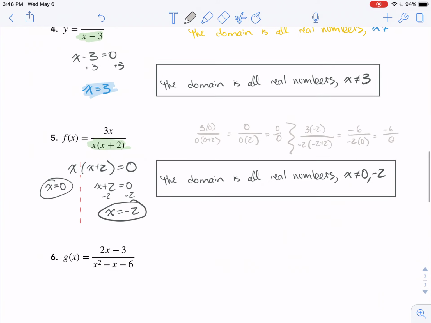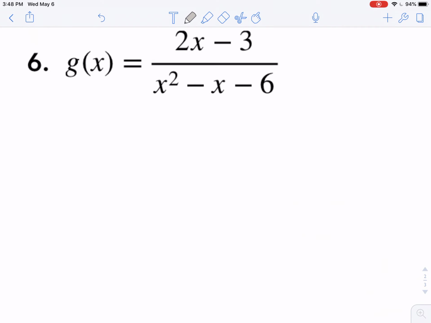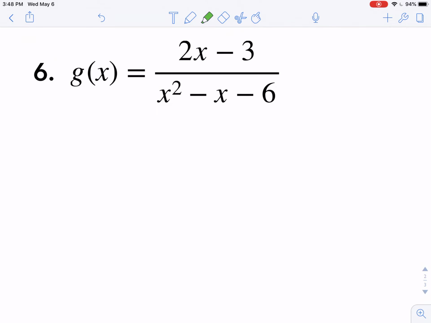And finally, one more. To find the domain of this function, we're going to set its denominator equal to 0. So we have x squared minus x minus 6 equals 0. That's super complicated. If only there were a way to simplify this quadratic expression.